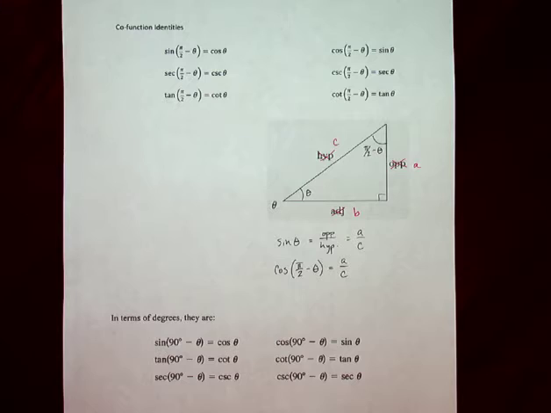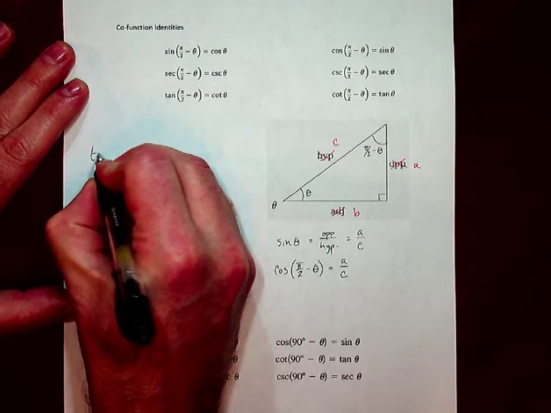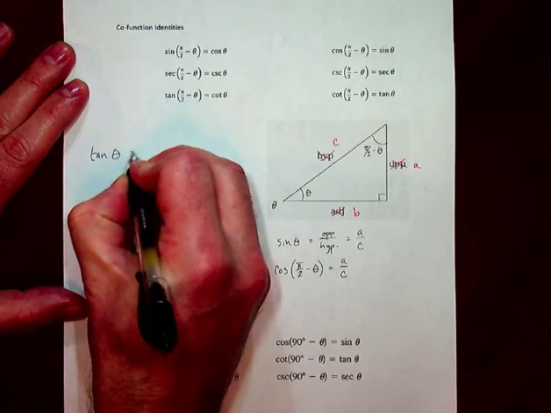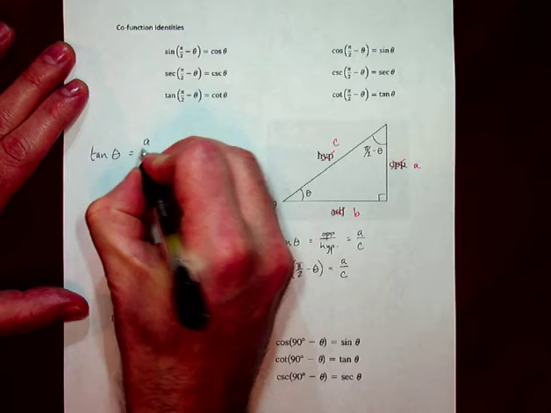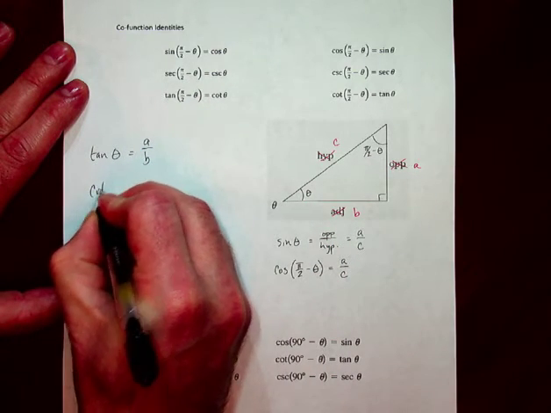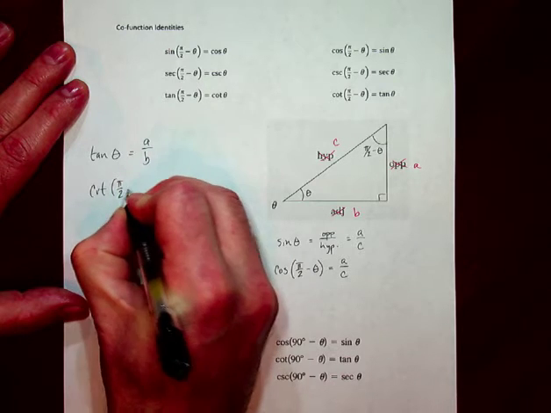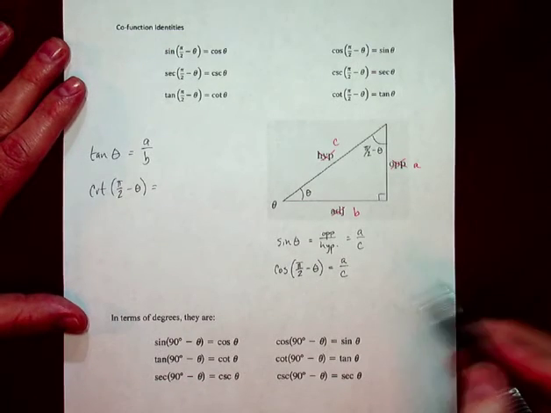Okay, let's just go ahead and let's say that we have tangent of theta. Tangent of theta, of this theta right here, is a over b, right? What do you suppose the cotangent of its complement is? Well, it's not going to be opposite over adjacent, it's cotangent.